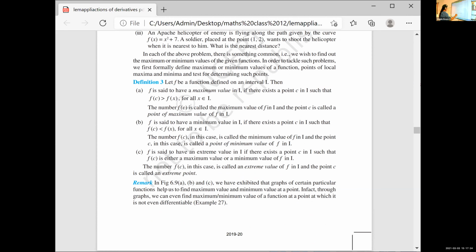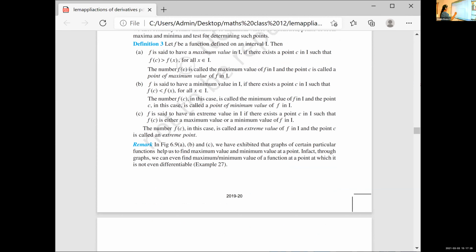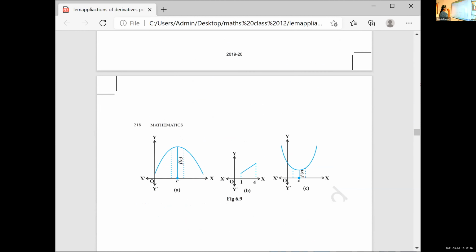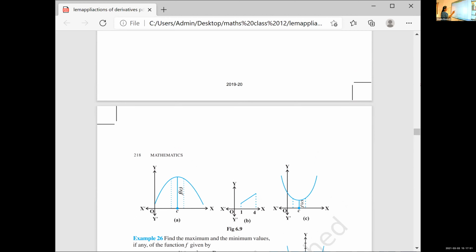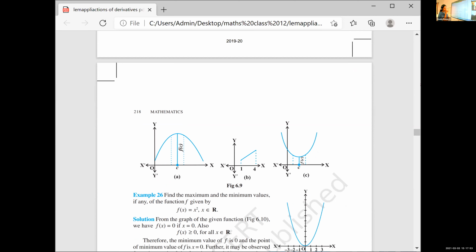Okay. So now look at this graph given, children. For the first graph, whether maximum occurs or minimum occurs. At the point C, what about the maximum and minimum?